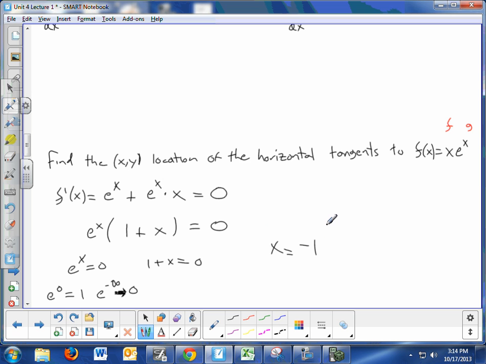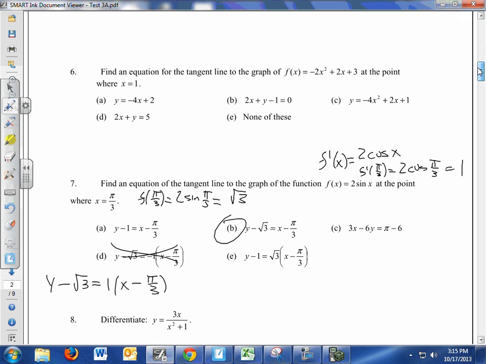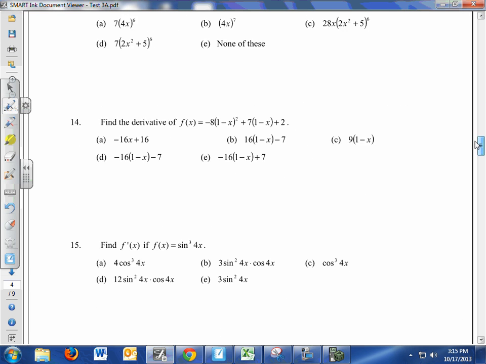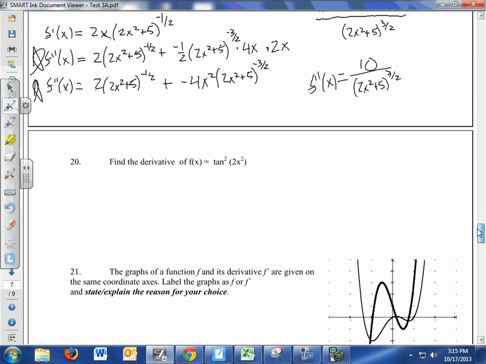All right, so this is it. Now, on your test, there was a problem that asked you for the points where we had horizontal tangents. A lot of you just gave me the x-coordinates, and I should have been strict with you guys, and I wasn't. But in the future, I will be. Let's find that one.